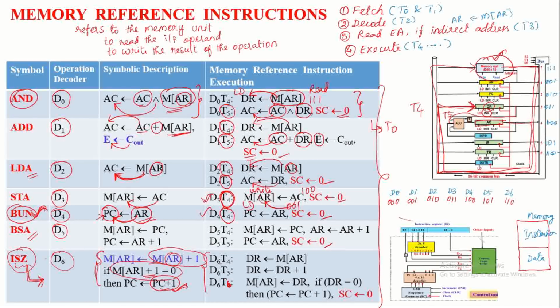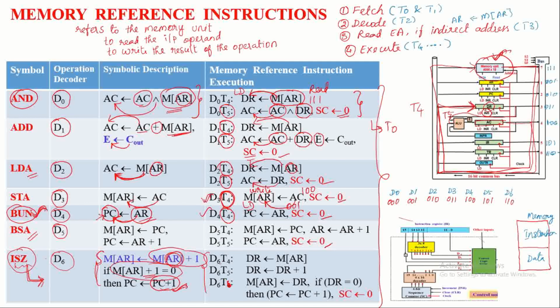In this operation, the memory word needs to be incremented, right? So, is there any provision in the memory unit to increment its content? No. There is no provision for incrementing the value of the memory words in the memory unit.